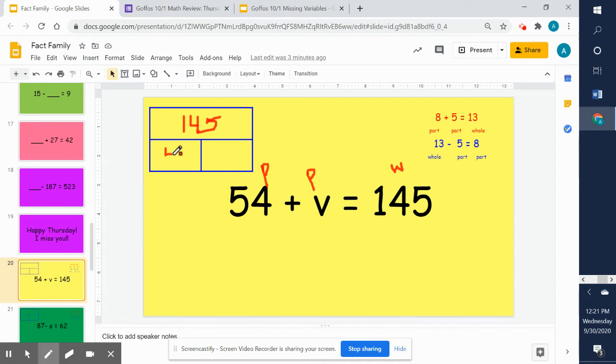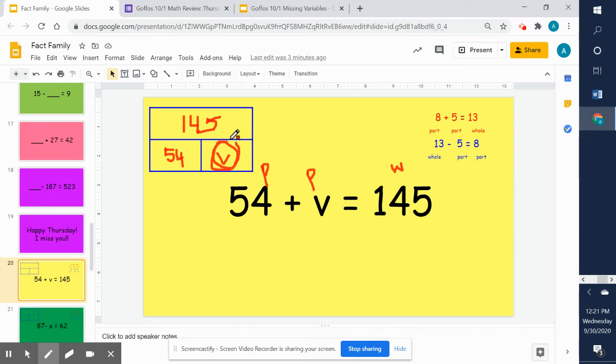And then we have 54 as one part, and then we have our V over here. Instead of blanks today, I am going to have letters be our blanks, just so you get used to seeing some letters in math, because that does happen sometimes. They're called variables. So we have our V over here, and we need to figure out our V.